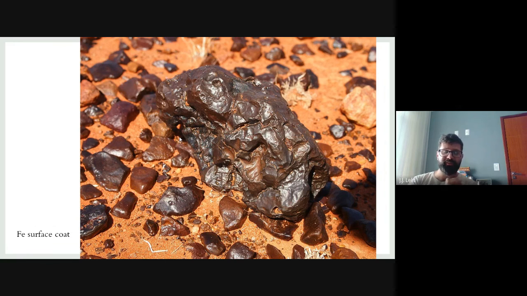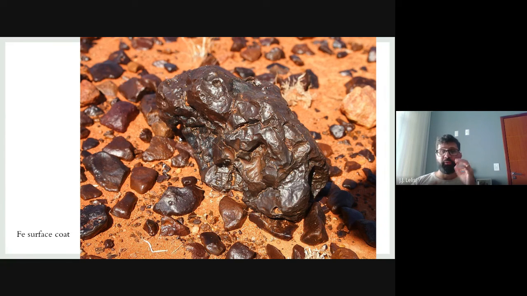The surface coating of iron also is related to a desert pavement, and this desert pavement is related to areas that suffer a lot of runoff and so lose a lot of clay fraction and increase the content of sand or coarser fractions, and produce a surface that presents a lot of coarse materials and this iron surface coating.